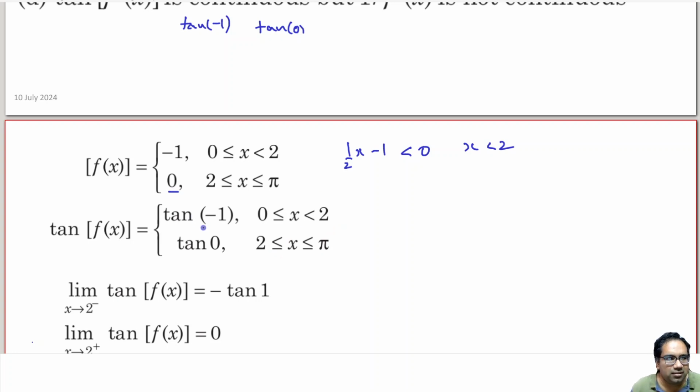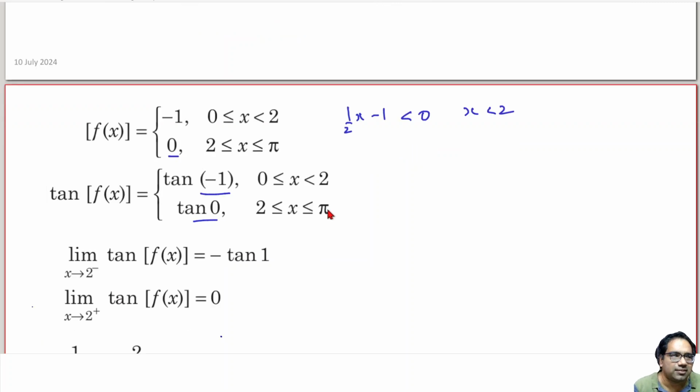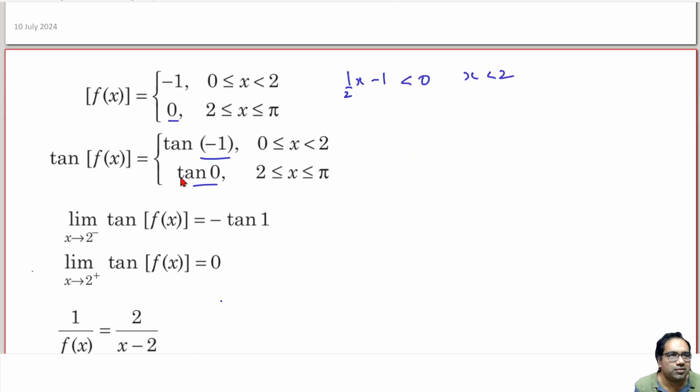Now clearly, one side before 2, this number is something else, after 2 this number is something else. So the limit is not matching. Before 2 there's a discontinuity here, right? One side it is tan of minus 1 and another side it is tan 0. So both sides are not matching, and this function is clearly not continuous. If it is continuous, what does that mean?